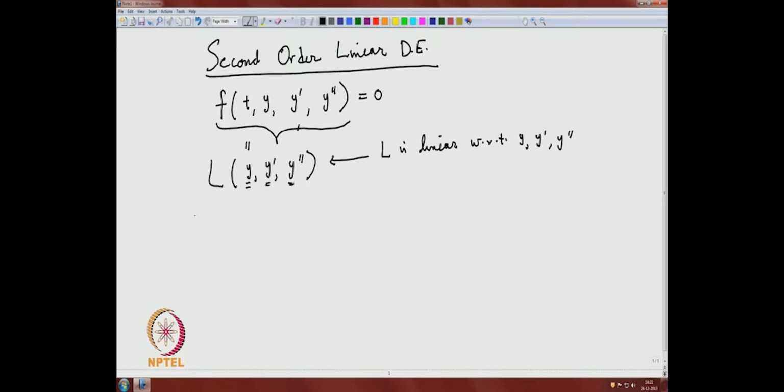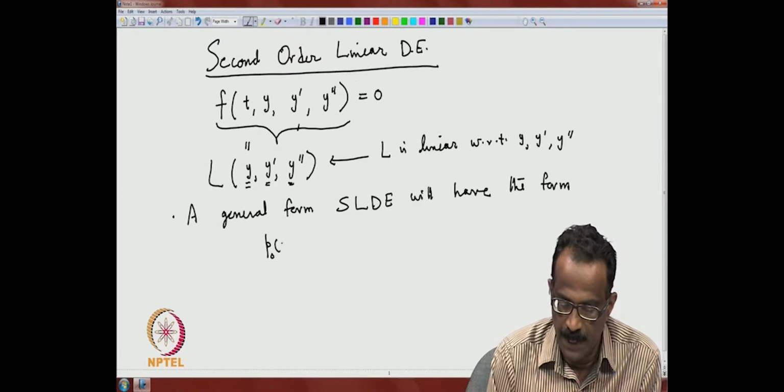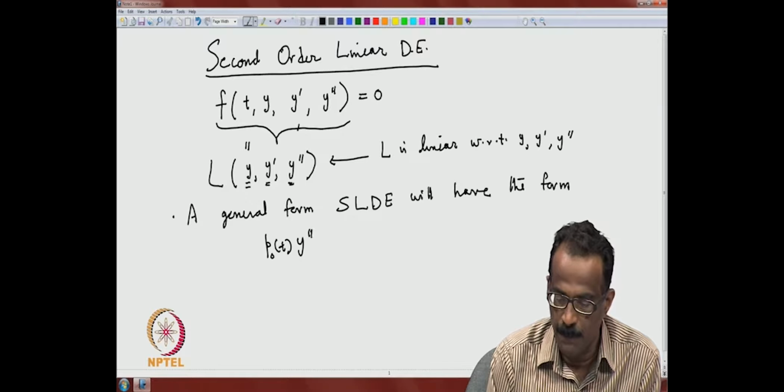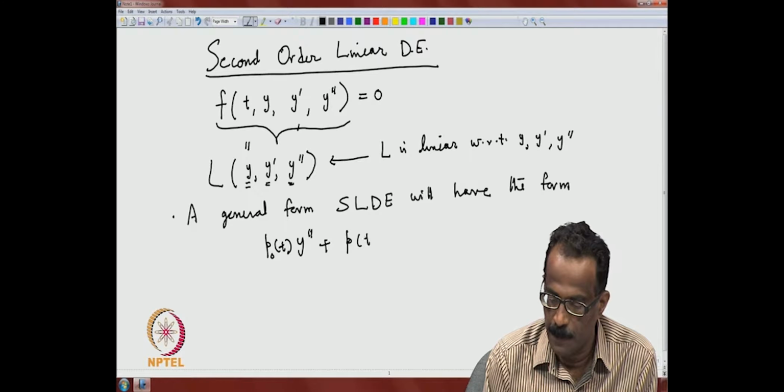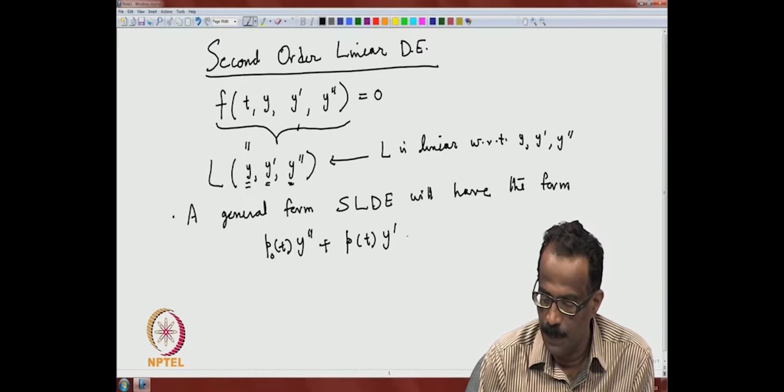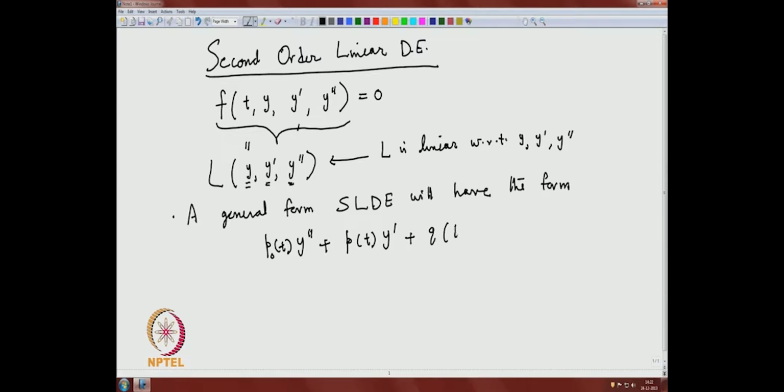Then from linear algebra, it is not a difficult thing, a general form of second order linear differential equation will have the form P naught of t y double prime, plus P of t y prime plus q of t y equal to r of t.